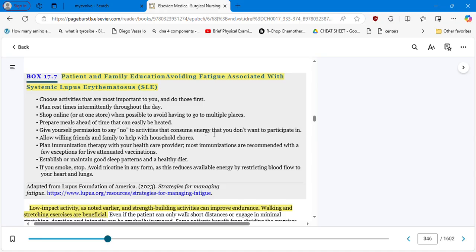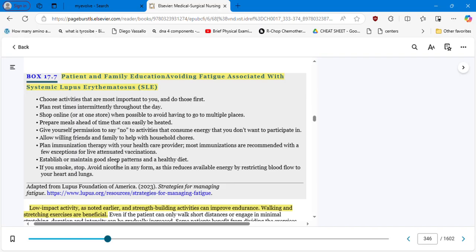And I strongly recommend you refer the patient to psychological advice, right? Counseling. Because it's not easy sometimes to handle these types of recommendations without affecting, right, your mental state. Sometimes patients feel that they are not useful to do activities, right?